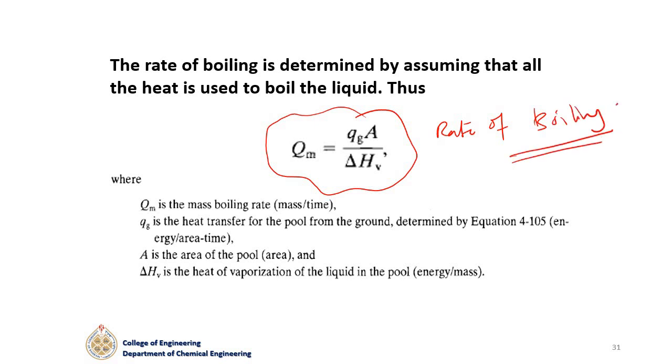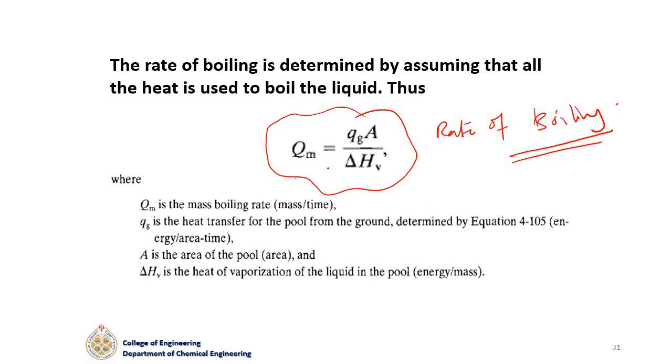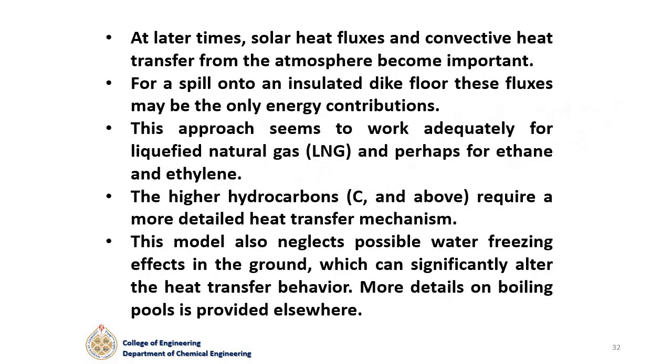I know that we did not go into details, but just consider that Ks will be given, T will be given, and this is the thermal diffusivity. All of it will be given, and also the time after spill, how long it was sitting open to the atmosphere. Then you can calculate the rate of boiling.